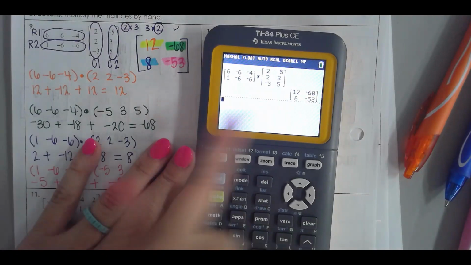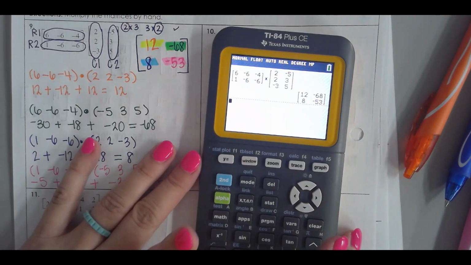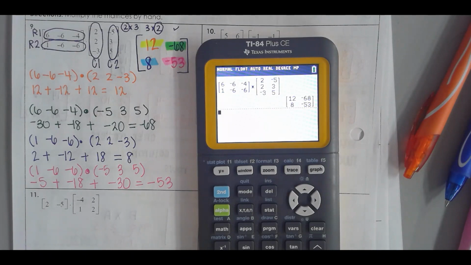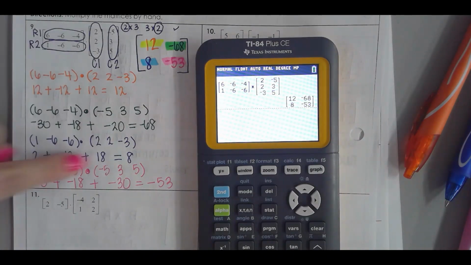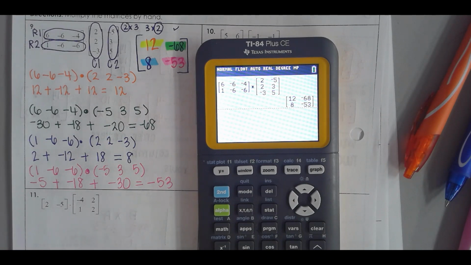Negative 68, 8, and negative 53. If one of my 4 numbers was off, it'd be really easy for me to go back and look at the exact space where I messed up and check just that work.